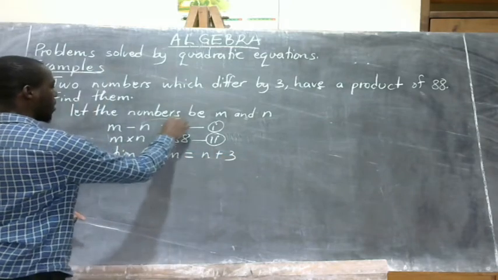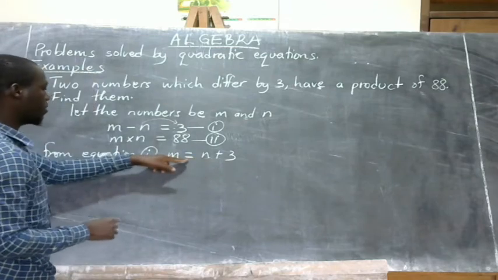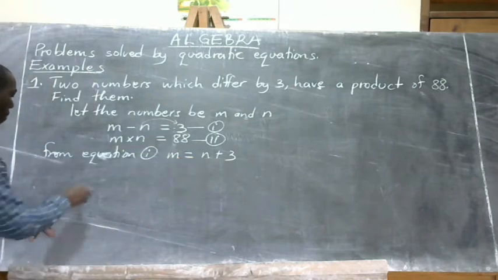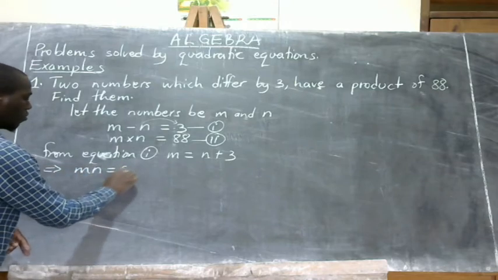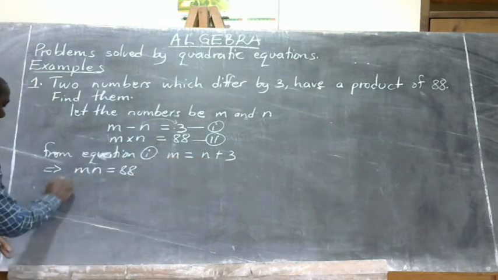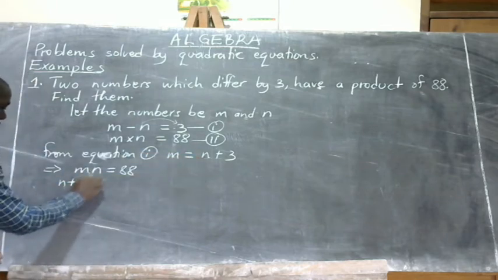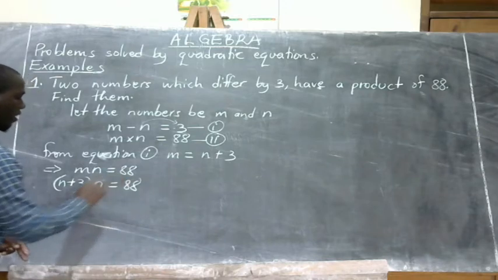I've taken the n to the other side to become positive. Now I'm going to substitute this into equation 2. Equation 2 is m times n equal to 88. Where I see m, I'm going to put n plus 3, then times n is equal to 88.